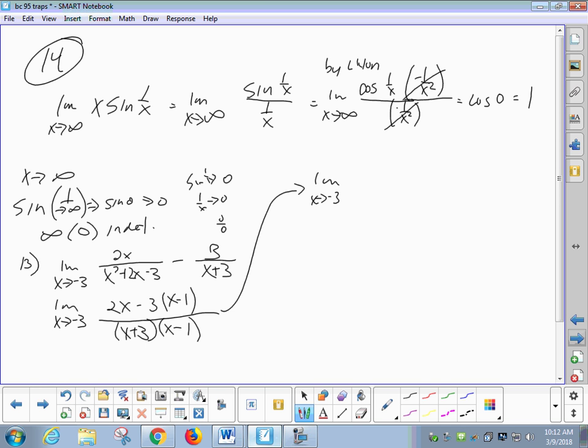So I get 2x minus 3x, which is negative x minus 1, minus 3. Plus 3 is what I need to say. Plus 3, right? Over x plus 3. That was maybe wishful thinking there, so I could cancel, but that's not happening.